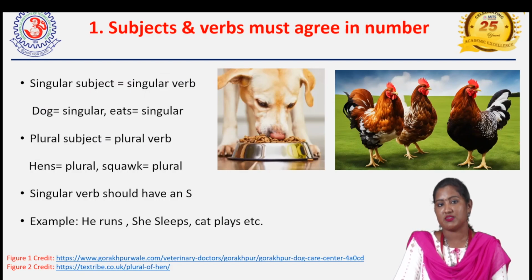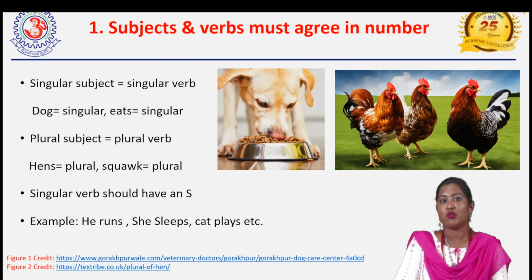Subject and verb must agree in number. That is a rule, and that is the concept we got from this session. So a singular subject takes a singular verb. For example, dog is third person singular. So when the verb comes next to dog, it should add either s or es according to the verb.